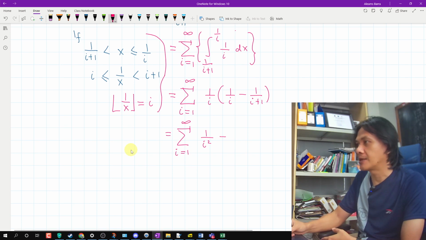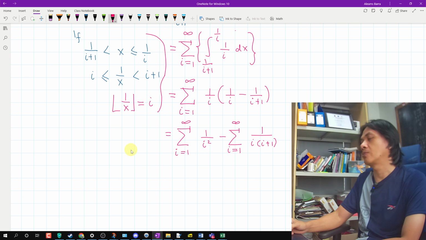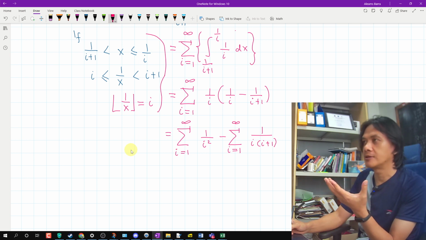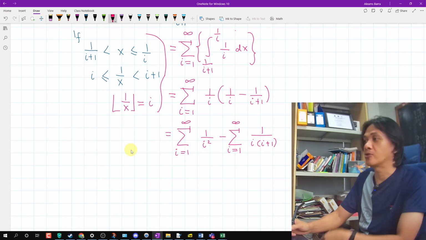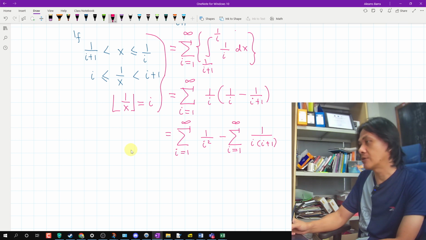And then minus the sum for i equal to 1 to infinity of 1 over i times i plus 1. Okay, this is also kind of well known, or easy to compute at least. So let's try to compute the partial sum of this.